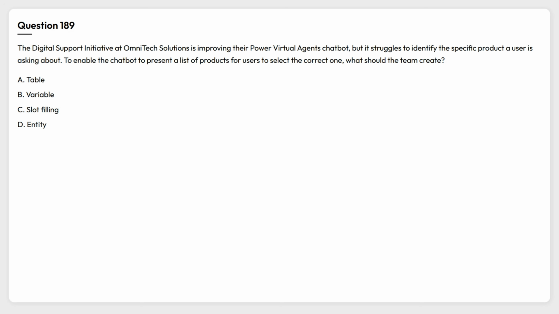Question number 189. The Digital Support Initiative at Omnitech Solutions is improving their Power Virtual Agents chatbot, but it struggled to identify the specific product a user is asking about. To enable the chatbot to present a list of products for users to select the correct one, what should the team create?